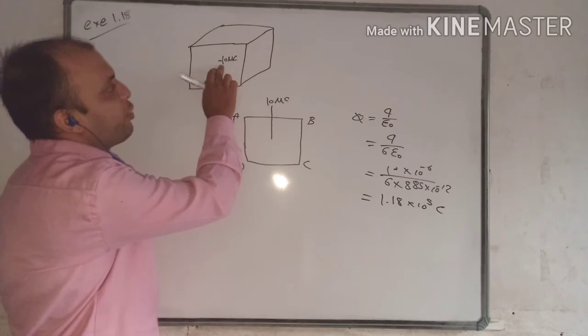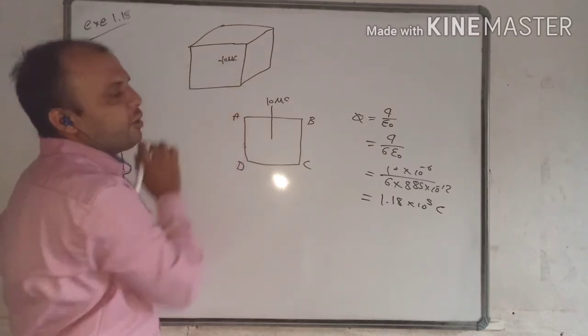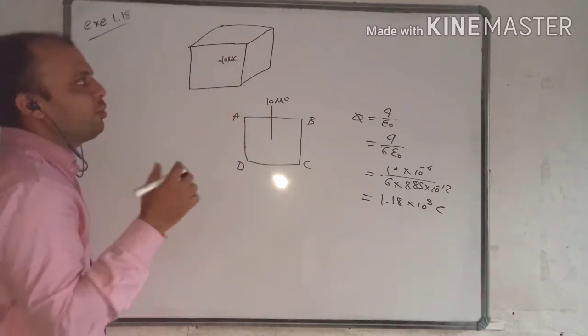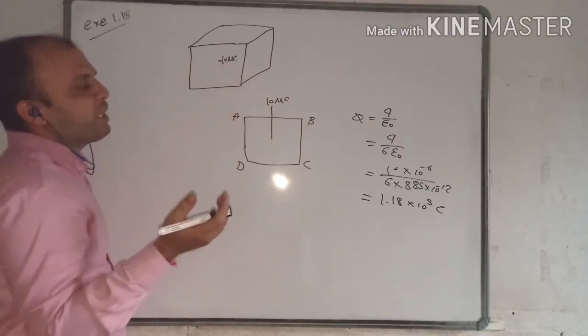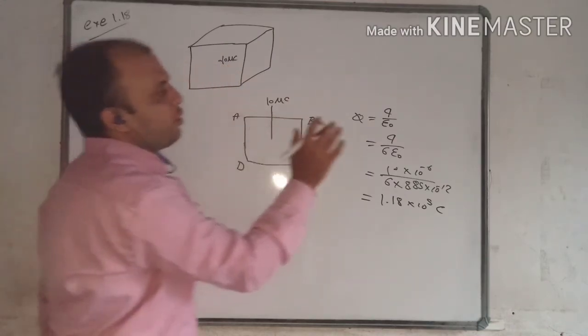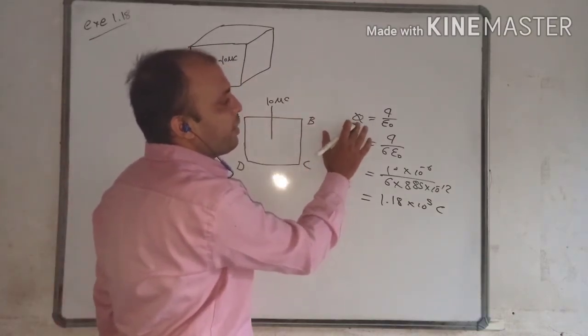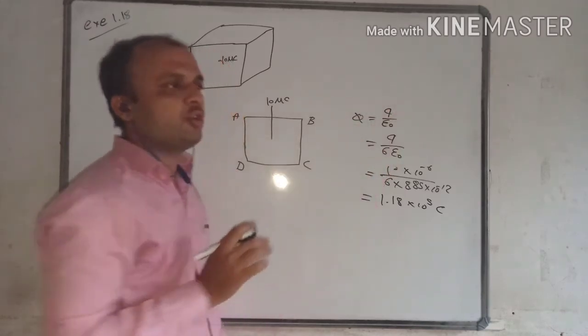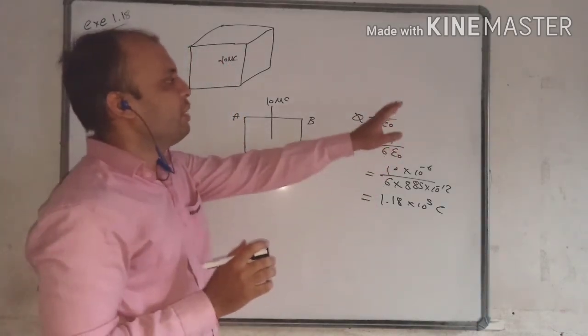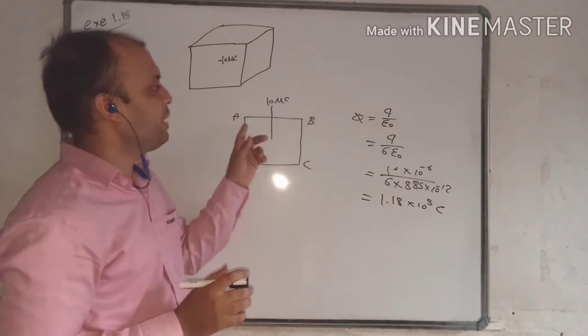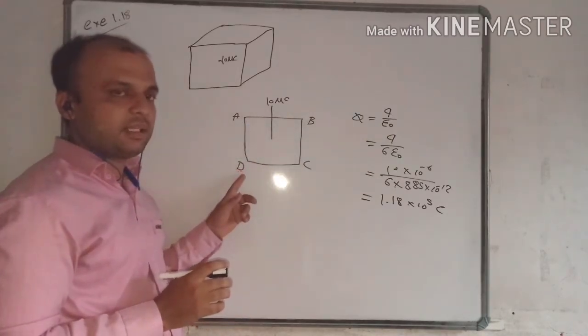Now the 10 microcoulomb charge will be in the center of this cube, so this will give some flux. So the flux will be Q by epsilon 0 from Gauss law. Now we have to find only the flux from this ABCD surface.